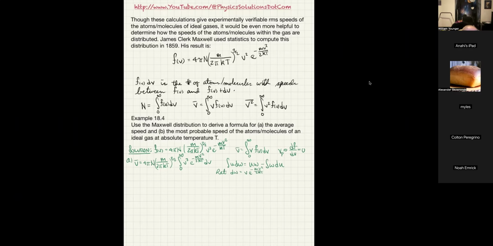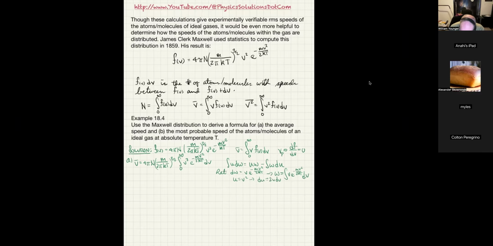And then that would mean that omega is equal to the integral of v e to the negative mv squared over 2kt dv. Now I've already taken out the v and the e to the negative, so I also need the u, and the u is going to be v squared, which implies du is equal to 2v dv. So that's how we go about using this integration by parts.